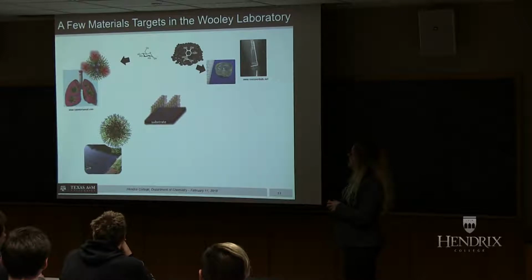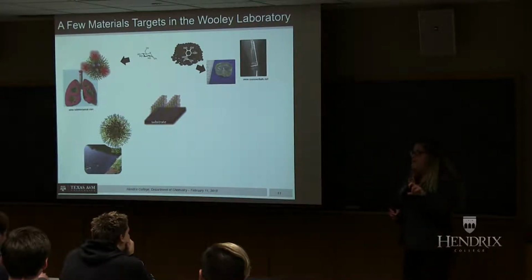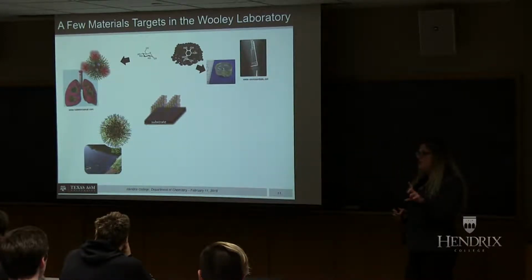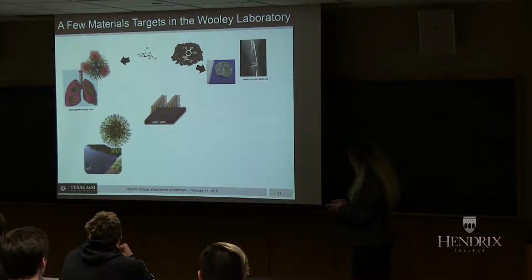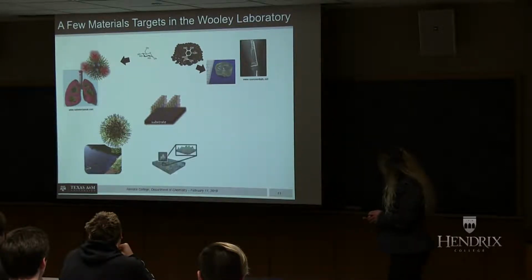We can make tree-like structures that can be aligned on a substrate and be used as molecular pixels for the fabrication of ultra-high resolution microelectronics devices. And we're working on that with Dow DuPont.